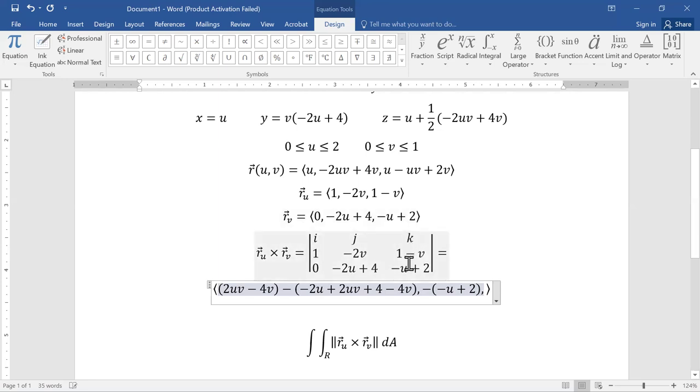And then for the k component, I would do a 1 times negative 2u plus 4 minus 0 times negative 2v.